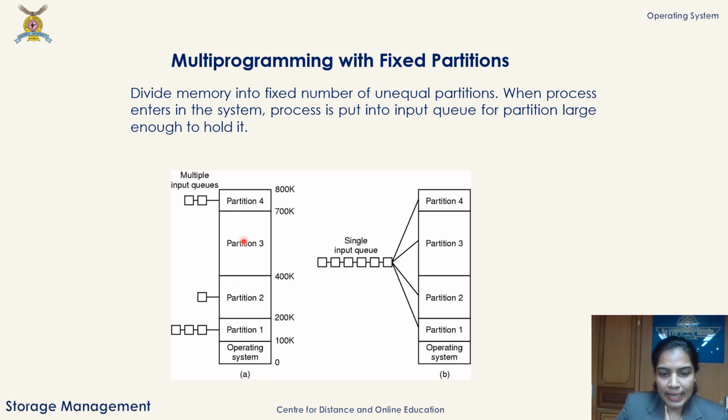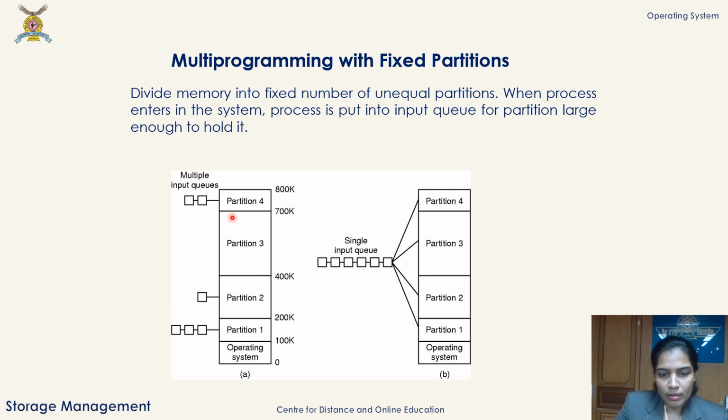In diagram A, we can see the operating system is loaded on the lower side, and the upper area is divided into 4 partitions of unequal size. In diagram B also we can see the operating system is on the lower side and the upper side of the memory is divided into 4 partitions of unequal size.